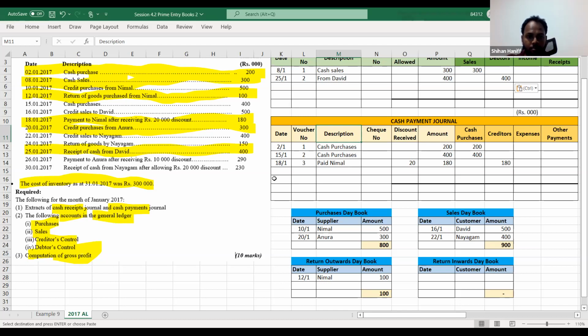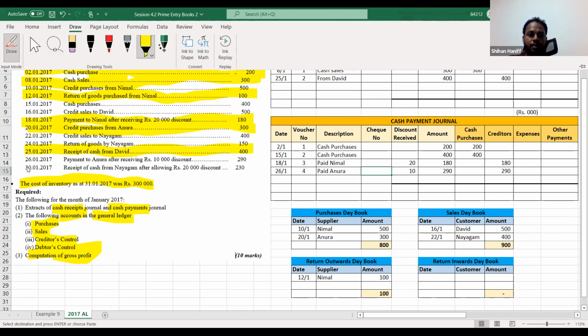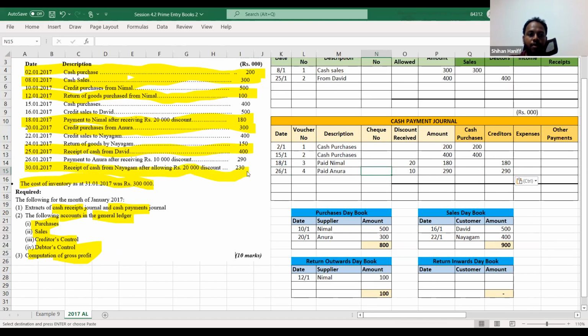So we received 10,000 discount and paid 290, cash payment journal. Then the last transaction is receipt of cash from Nayagam after allowing 20,000 discount. We are giving a discount, which is called discount allowed.